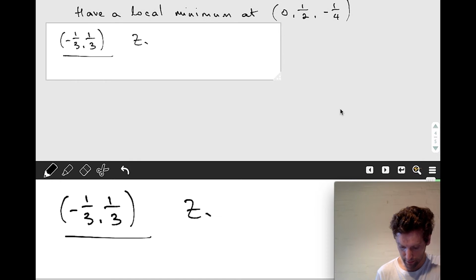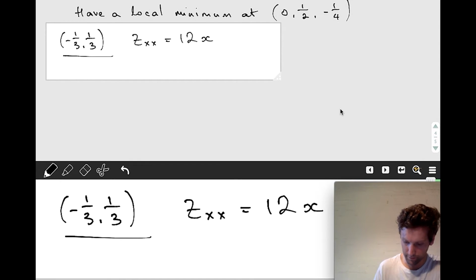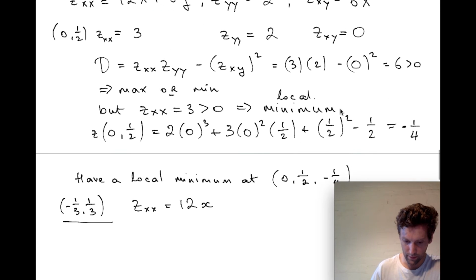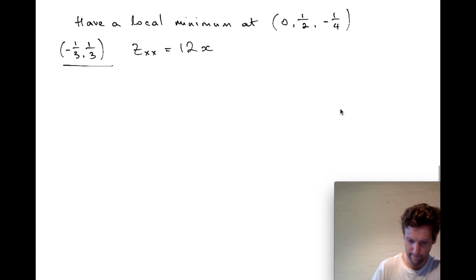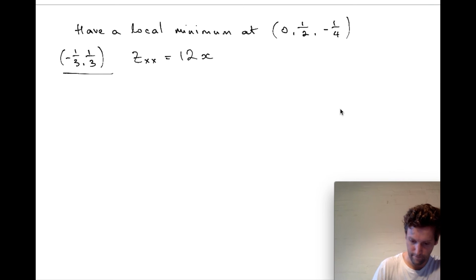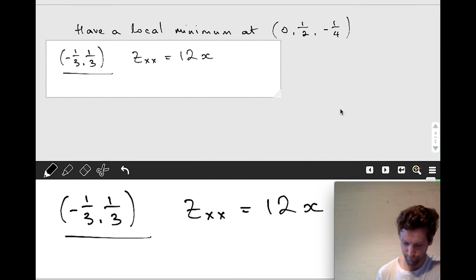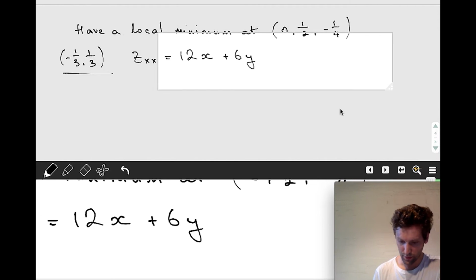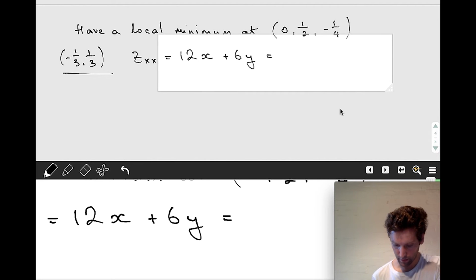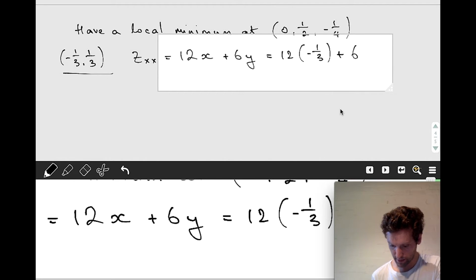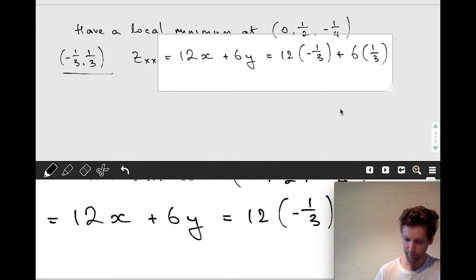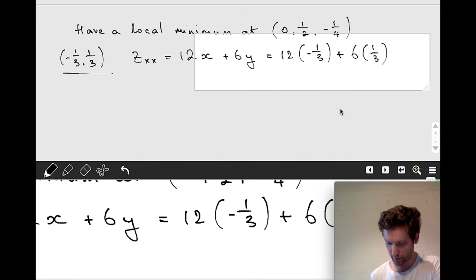The second derivative with respect to x was 12x plus 6y. Which was equal to 12 times minus a third plus 6 times a third, which is equal to minus 4 plus 2, which is minus 2.